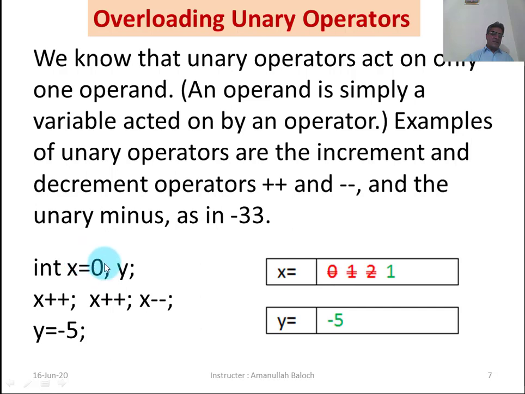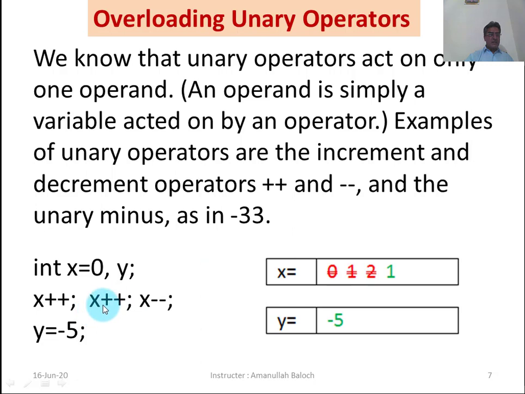So x is initially 0. This 0 is the initial value of x. When we perform this operation x plus plus, then x increments; the value stored in the memory location of x is 0, and it is incremented to 1.